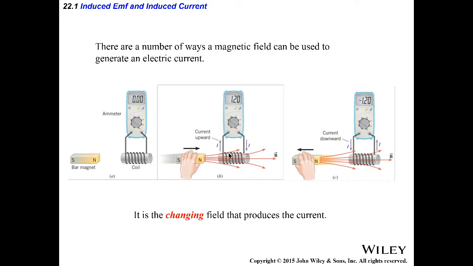And when they start moving, there is now a current. If I now first push it in, there's a current. When I pull it out, there's an opposite current. And so you see that a changing magnetic field will induce a changing current.